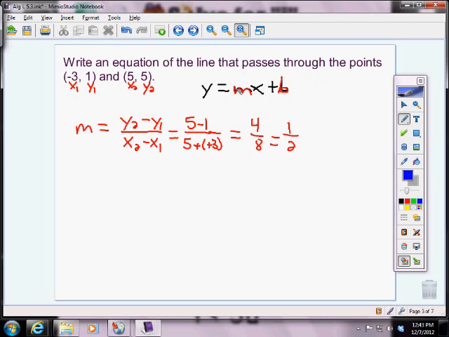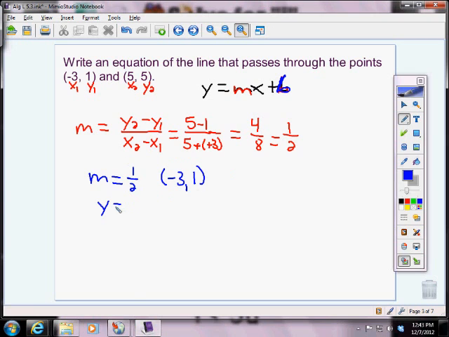So we found our slope m. Now let's find our y-intercept b. Remember, we can find the y-intercept given slope and a point by plugging it into our formula. It doesn't matter which point you pick. So let's say I take our slope of 1/2 and I'm going to pick the point (-3, 1). Again, it doesn't matter which one you pick.